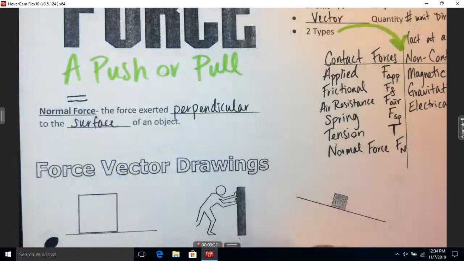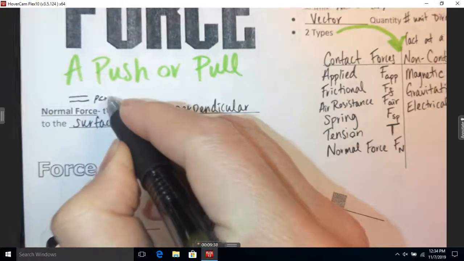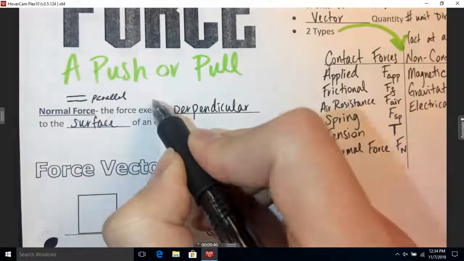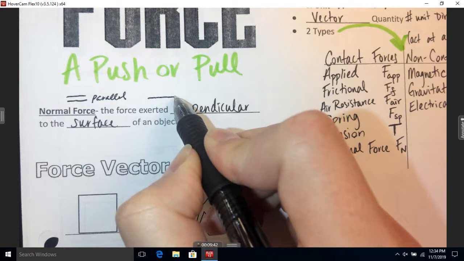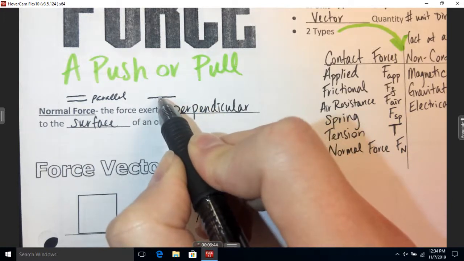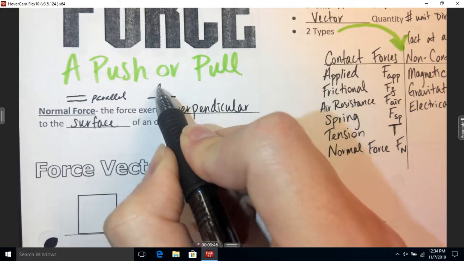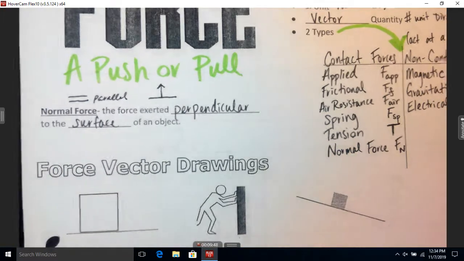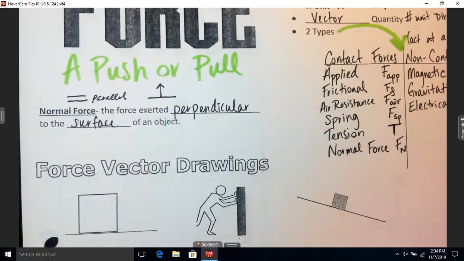These two lines would be parallel, right? But if this is the surface, the normal force is perpendicular to the surface. It comes out of the surface. Does that make sense? It comes out of the surface.